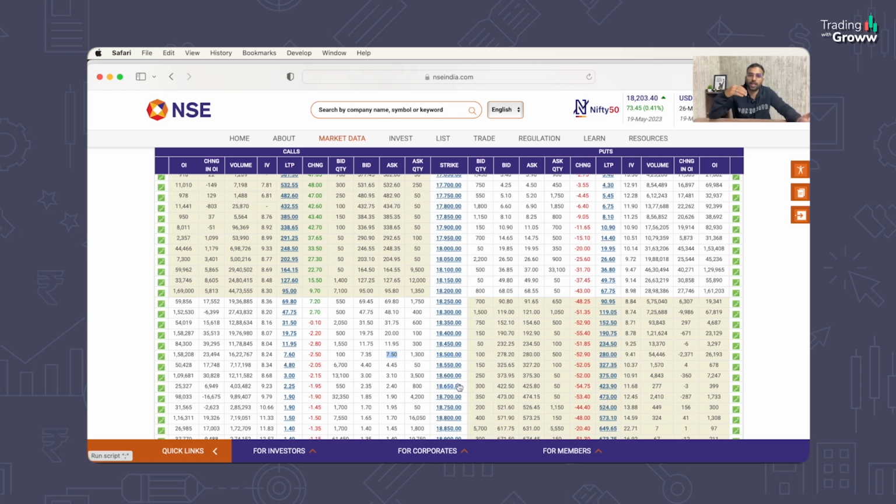Each of these strikes will have specific delta values. An at the money option will have a delta value of 0.5, and an out of the money option will have a delta value of 0.3 or 0.2. As long as the strike is far away from the spot, the delta value decreases. Let's see the delta value for each of these strikes on a separate site.